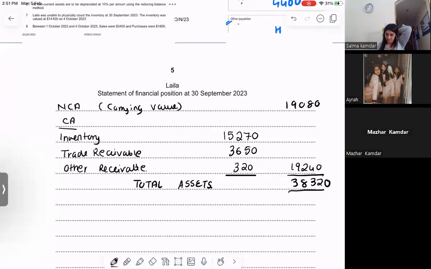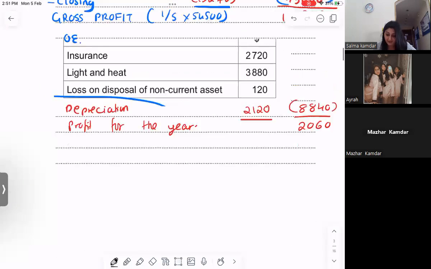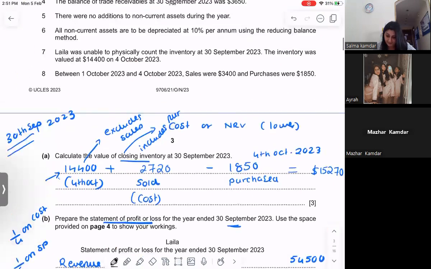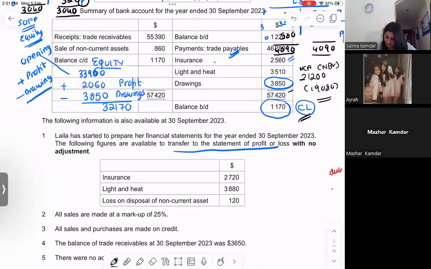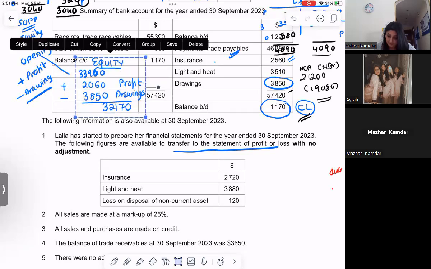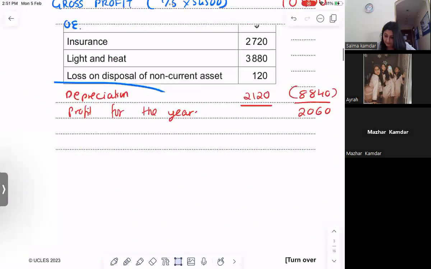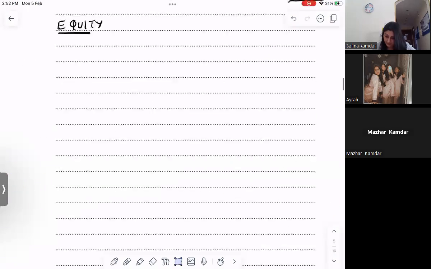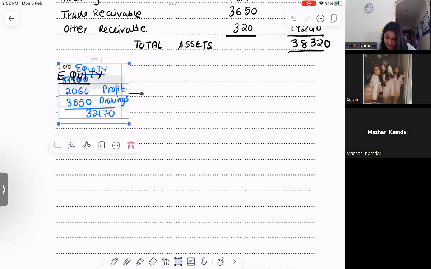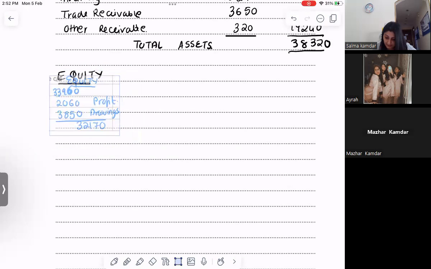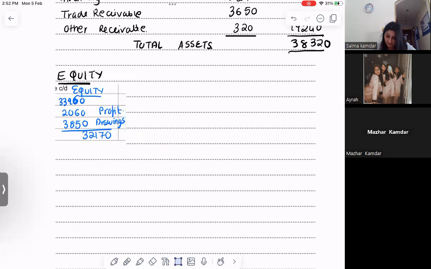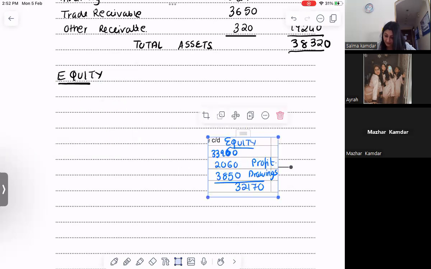Now equity. Because they've used the word equity. We found this out beforehand, right? So we'll just write it.